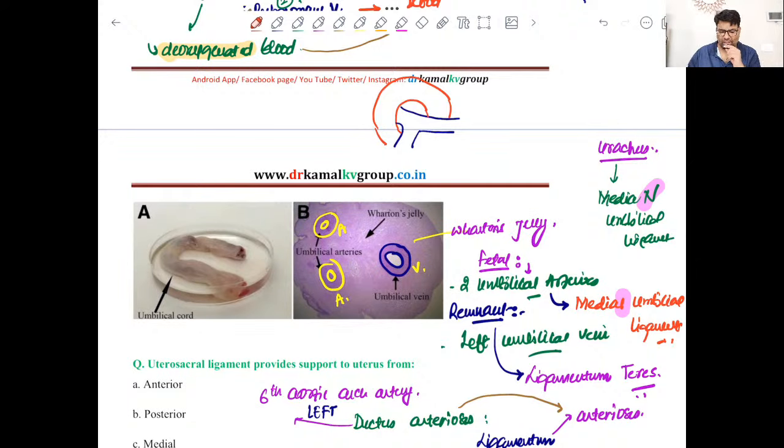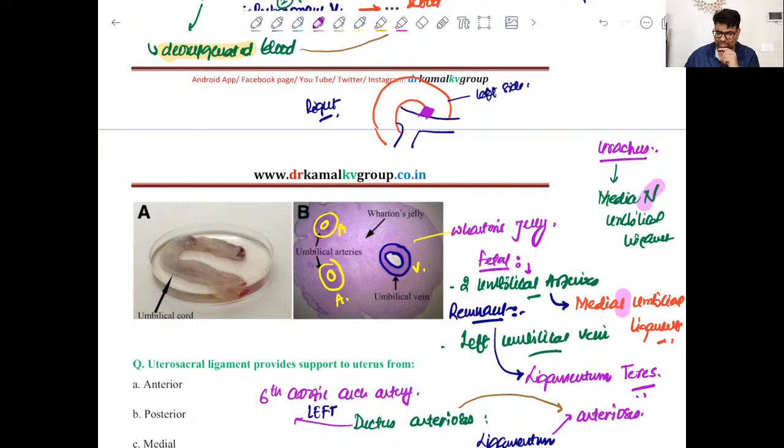The arch of aorta and then descending aorta, it is on right side of the body or left side of the body? So this is left side of the body, okay, this is right side of the body. This is one thing. Now the ductus arteriosus is somewhere like this. This is ductus arteriosus, okay.